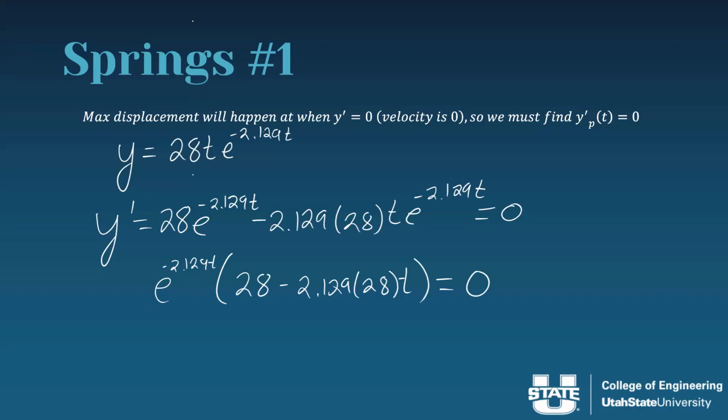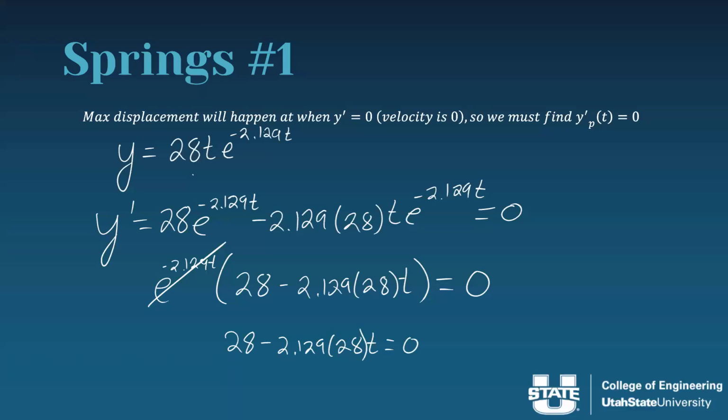And e to the power is never 0, which means we can divide both sides by e to the minus 2.129t and cancel it out. So now we just have 28 minus 2.129 times 28t equals 0.